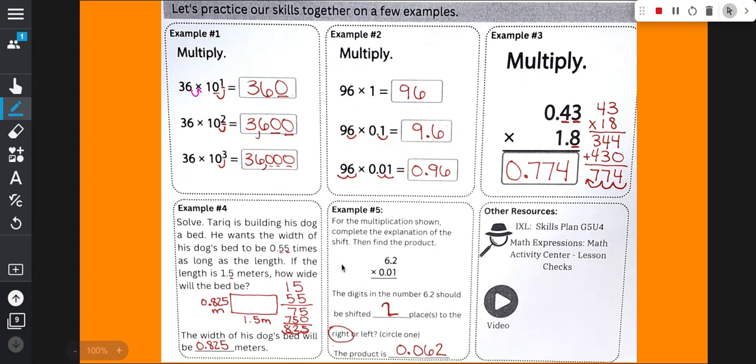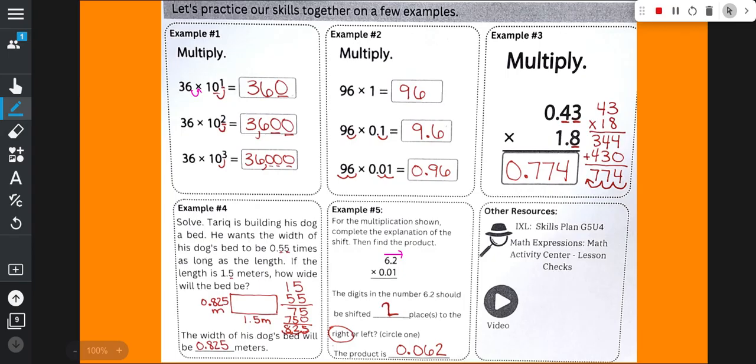The next one, the digits in the number 6.2 should be shifted 2 spots or 2 places to the right. So the digits themselves are going to go this way because 0.01 is less than a whole.